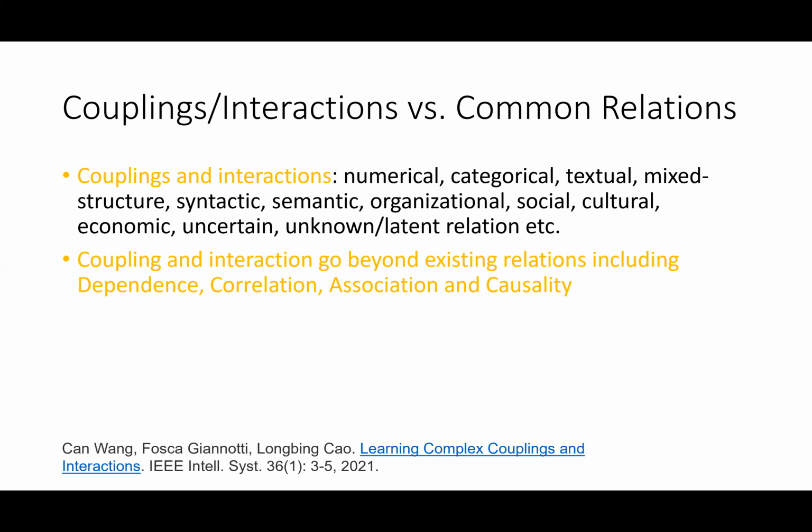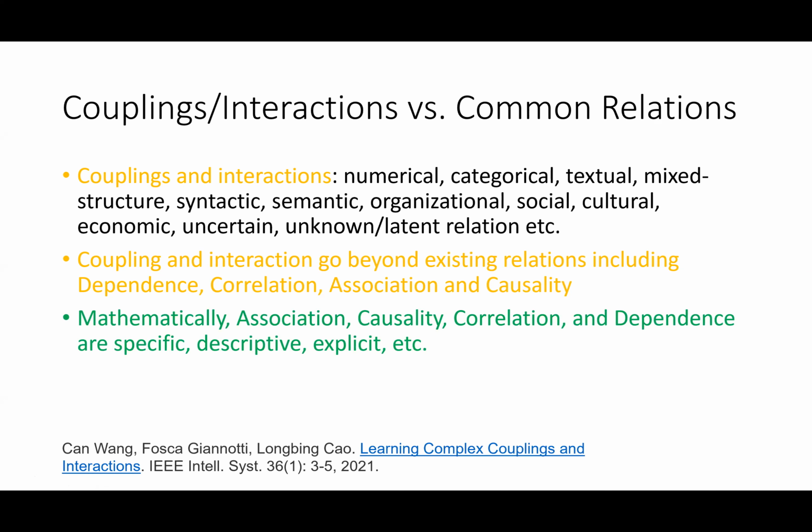So when we use this term coupling interaction, as I mentioned here, you probably now get a sense that it goes beyond the existing mathematical relations like dependence, correlation, association, and causality, which can be quantified in quite a clear and exact mathematical term.